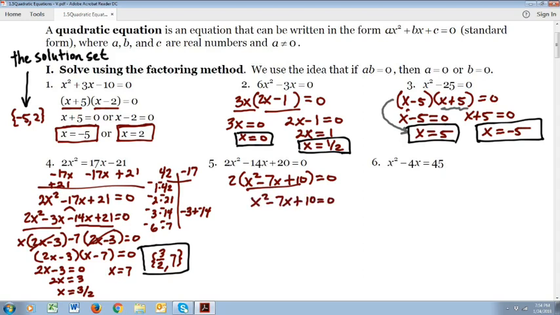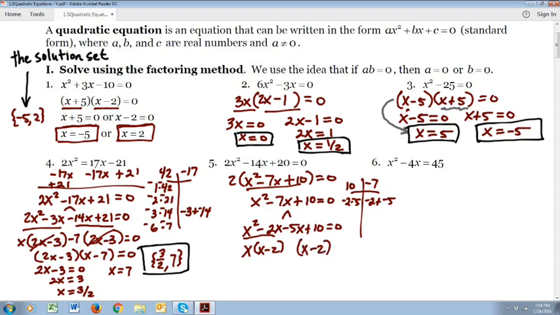And again, we can use the AC method. It's 3 terms. Need 2 numbers that multiply to 10 that add to negative 7. And negative 2 and negative 5 are going to work. So let's plug those in. Factor by grouping. We can factor out an x times x minus 2. I know I'm going to get an x minus 2 for the other 2 terms.